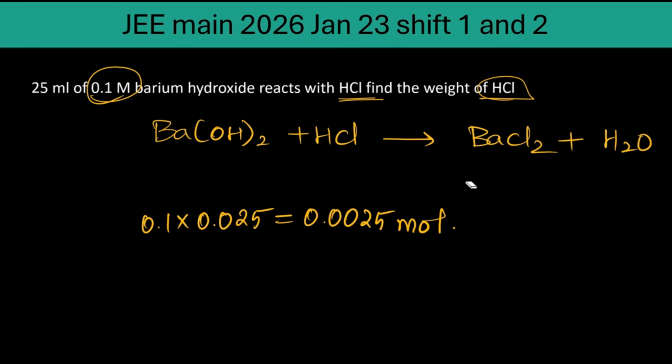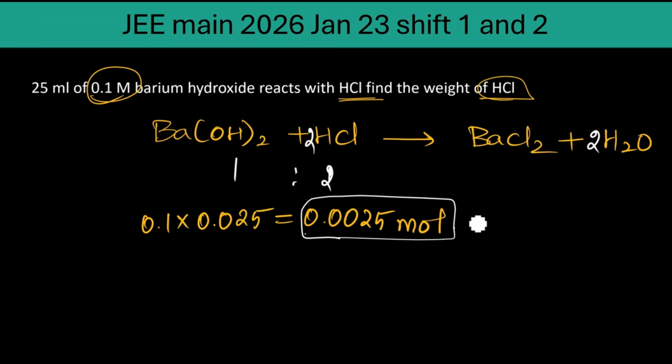Sorry, I didn't see the hydrogen and oxygen over here. 2 H2O has been formed, right? So 2 HCl will give you 2 H2O. So 1:2 ratio, correct? 0.0025 moles of barium hydroxide participated, which means double the amount of HCl should be there, so 0.005.